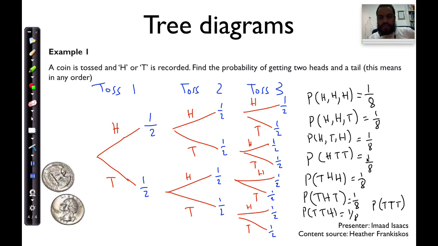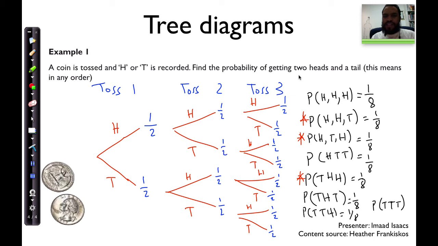Now, here they told me to find the probability of getting two heads and a tail. This means in any order. So the probability of getting two heads and a tail, I'm just looking for H, H, T. So there's the one, there's two heads and a tail, right? Is there another two heads? Head, tail, head. There's another two heads. There's only one head. There's one head. There's one head. There's three heads and no tails.